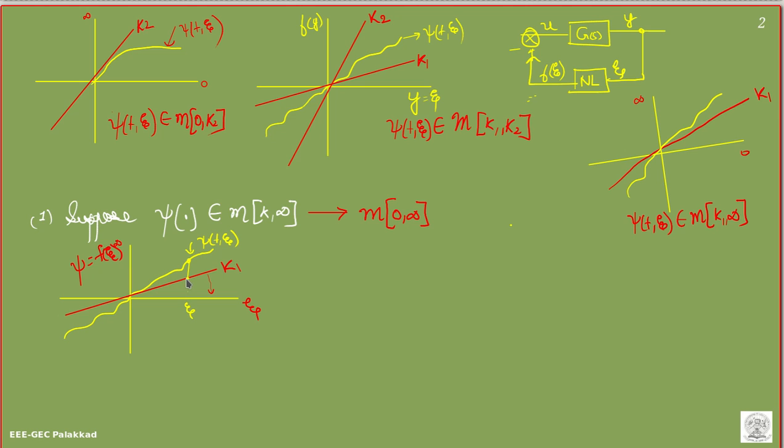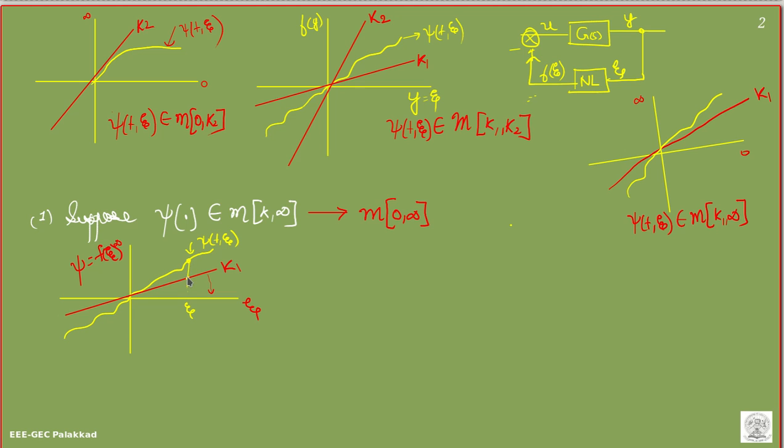At k1, it is k1 times zeta. This red line has a slope of k1; it is some linear plant here. So what is the value here? That is k1 times zeta. And what is the value at this point? It is xi of t comma zeta. So what is the difference? This is xi of t comma zeta minus k1 zeta.